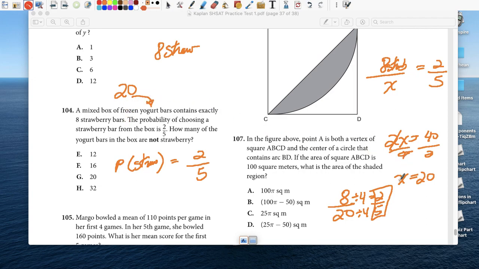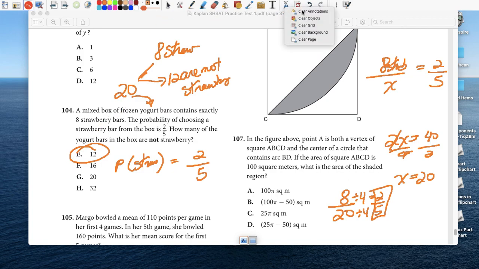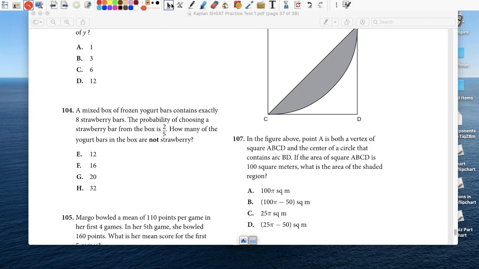So if there's 20 yogurt bars and 8 of them are strawberries, that means 12 are not strawberry. So 12 is my answer. There we go.